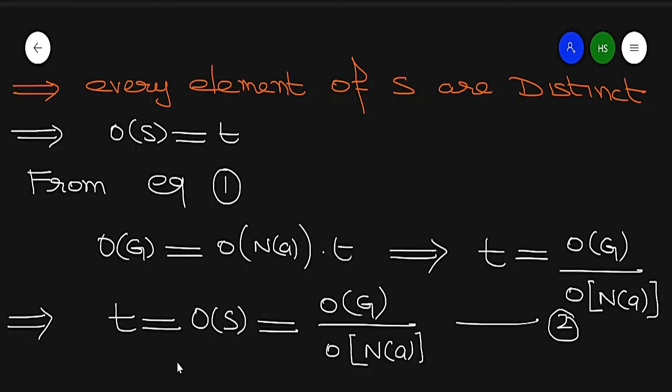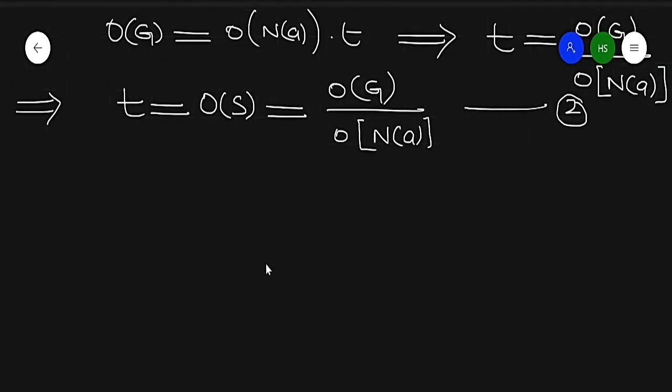Now my aim is to prove that the class of A is equal to S. Then I come to my result if I prove our claim that S and the class of A are equal.